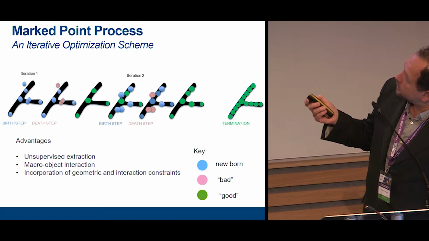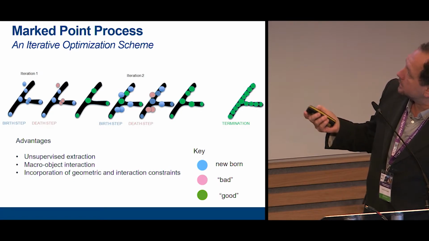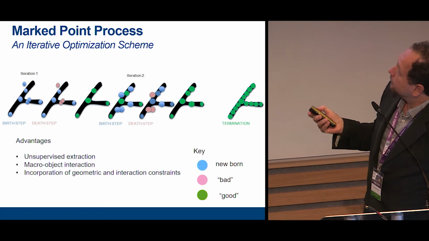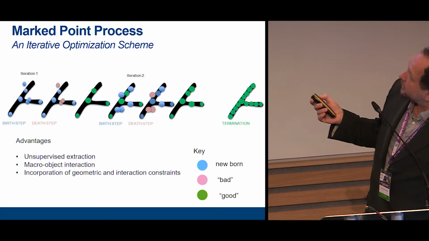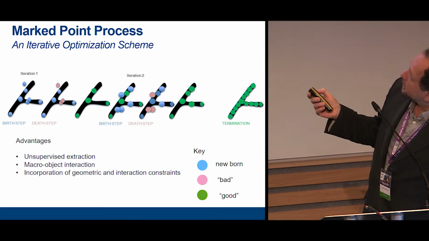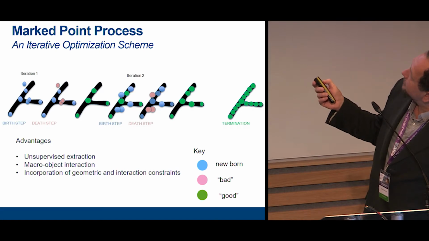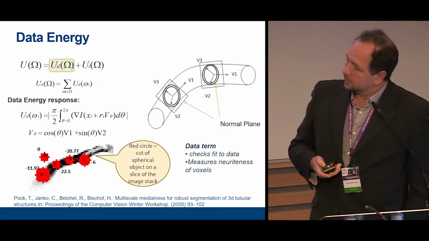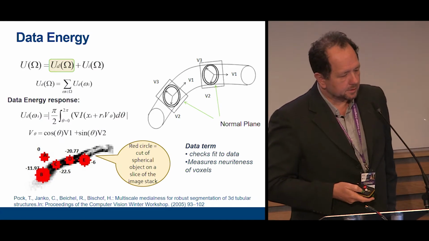So the idea is to create shapes. The shapes we create are according to the ones we are looking for. And you just take off the ones who are not fitting, who are not having the good energy. You keep the green ones, you create another wave, you keep only the blue ones, and so on and so forth. We did that for neurite detection.